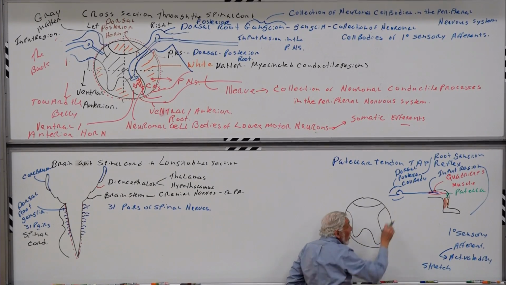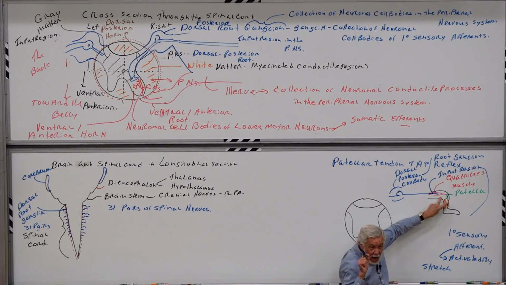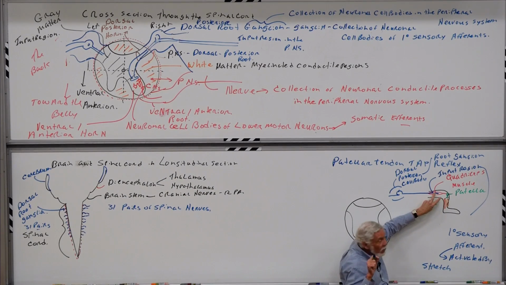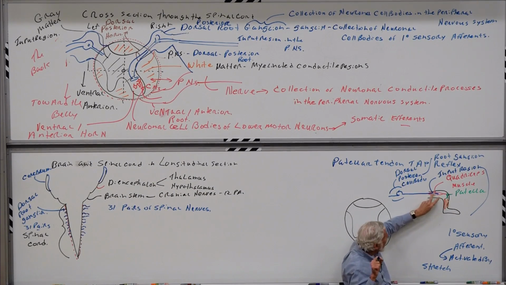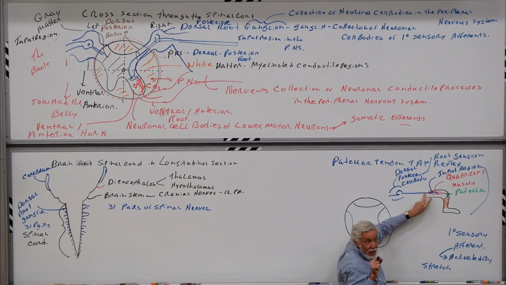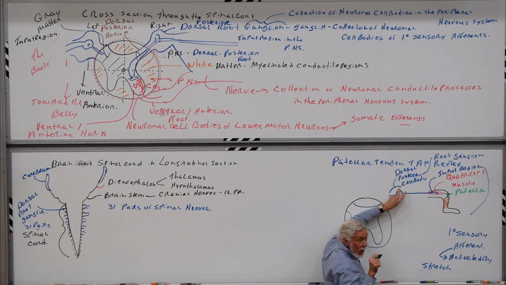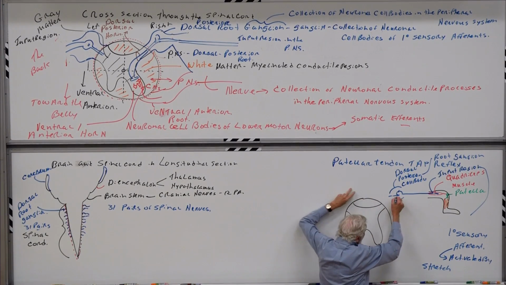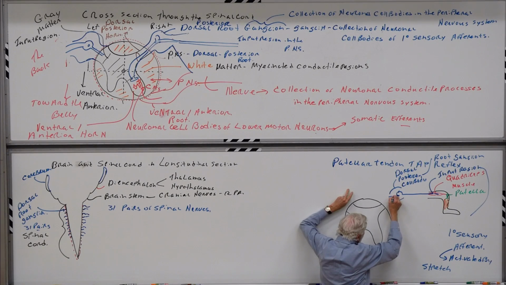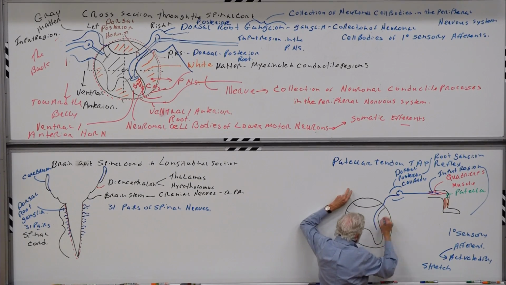If we were to stand on the process out here where its stretch-activated channels are located, and then follow it to the trigger zone, and then walk along this neuron, which is almost certainly going to be heavily myelinated, walk all the way into the dorsal root ganglion, climb over the cell body, get on the other extension of this neuron, we'll now follow this into the central nervous system.